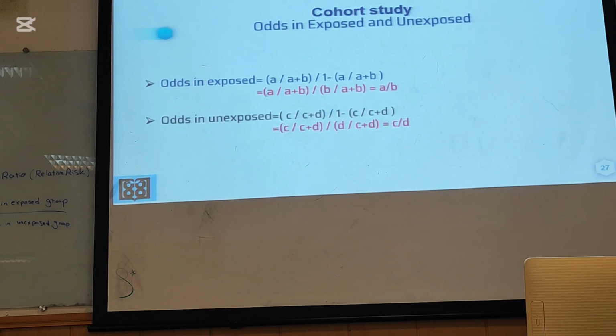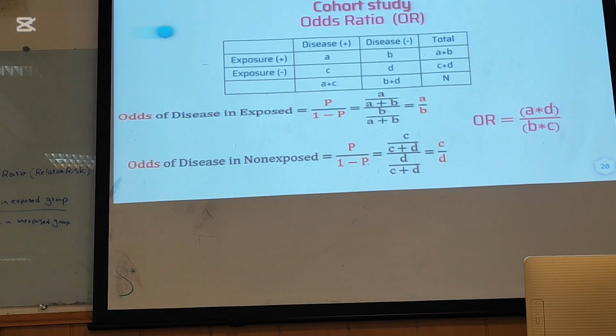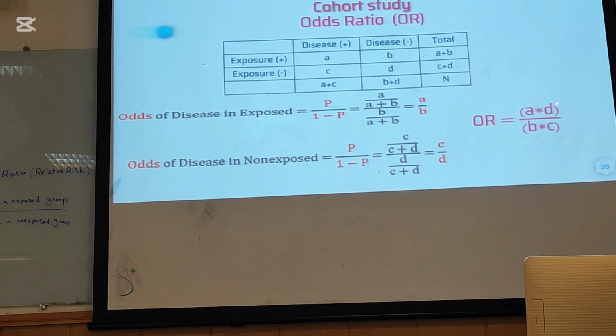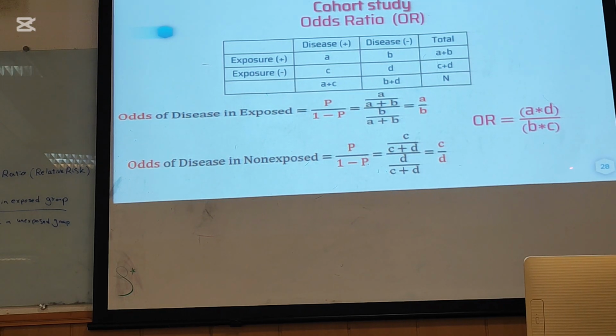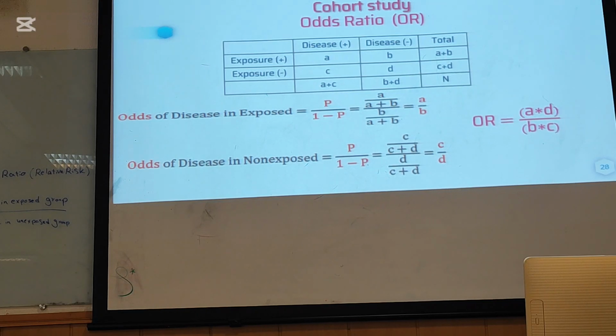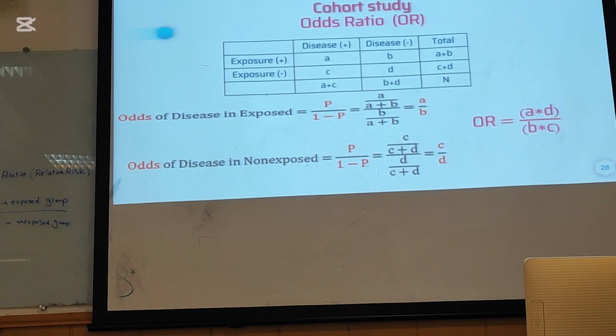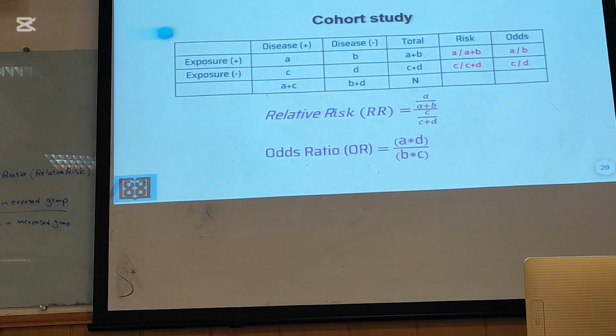In a standard 2x2 table. And odds ratio means finally A multiplied by D divided by B multiplied by C. Okay? It's a simple form of this calculation.